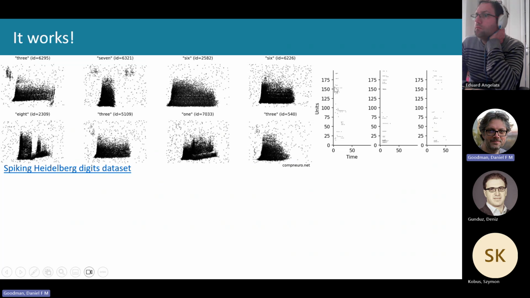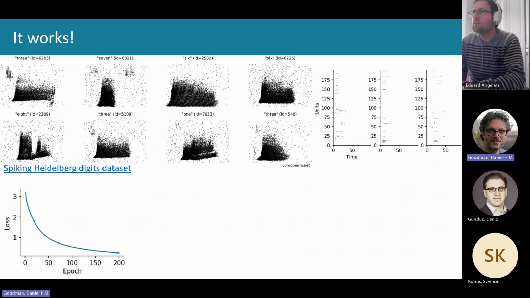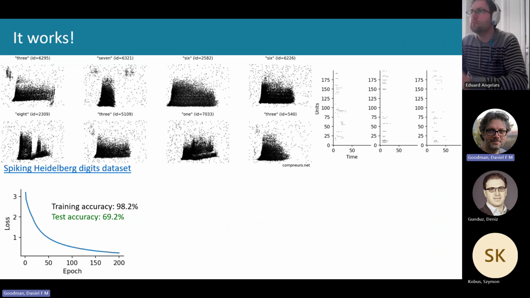And this is just an example of some of the intermediate spike trains from that hidden layer pool of neurons. Right, it's a very simple network, but even that very simple network is able to train. And in this case, with just 300 neurons, it gets a test accuracy of 70% on this task, which is quite reasonable.